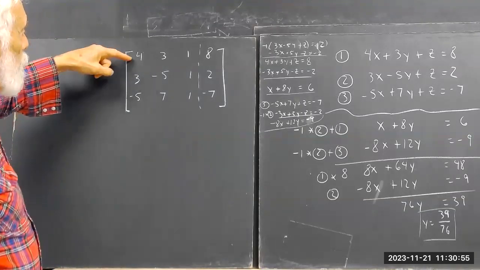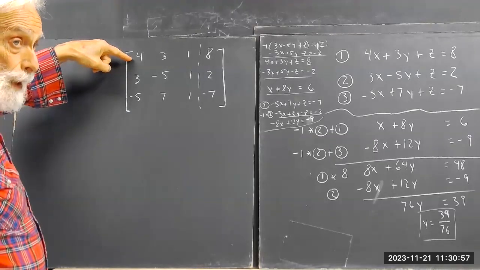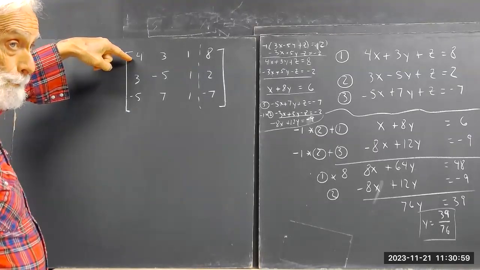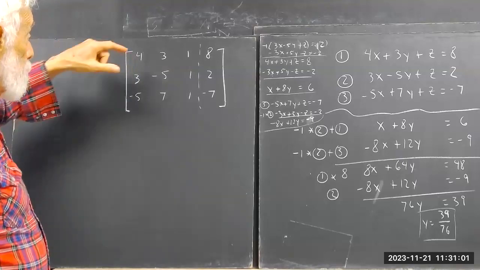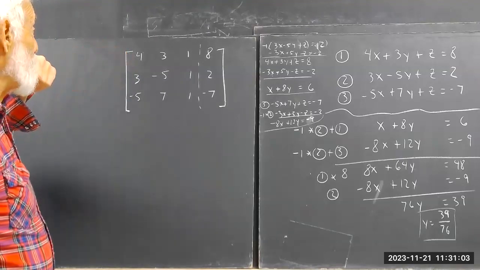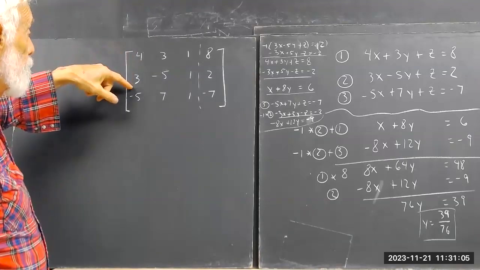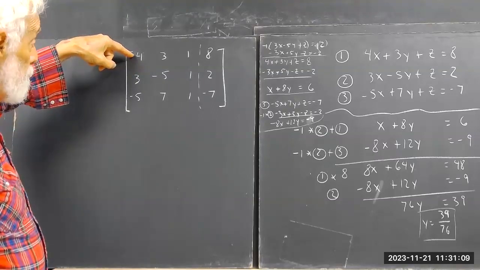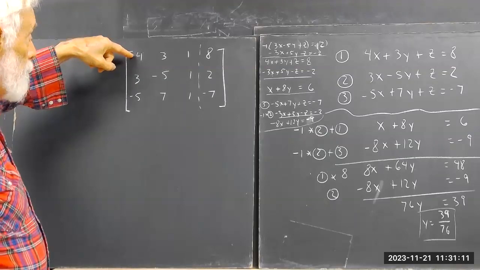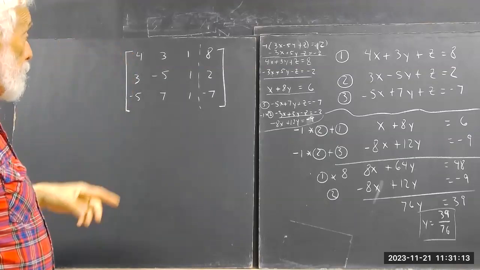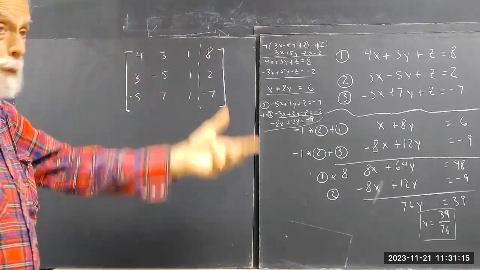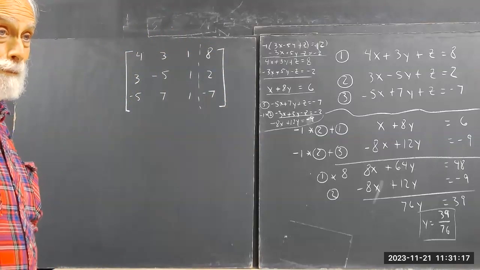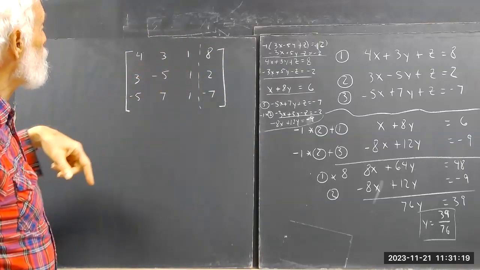We're going to want to get a 1 up here. Now we could do that by subtracting the second equation from the first, right? Okay. And actually, that's not a bad idea. Another way is just multiply the whole equation by 1/4. Well, that would give us fractions.